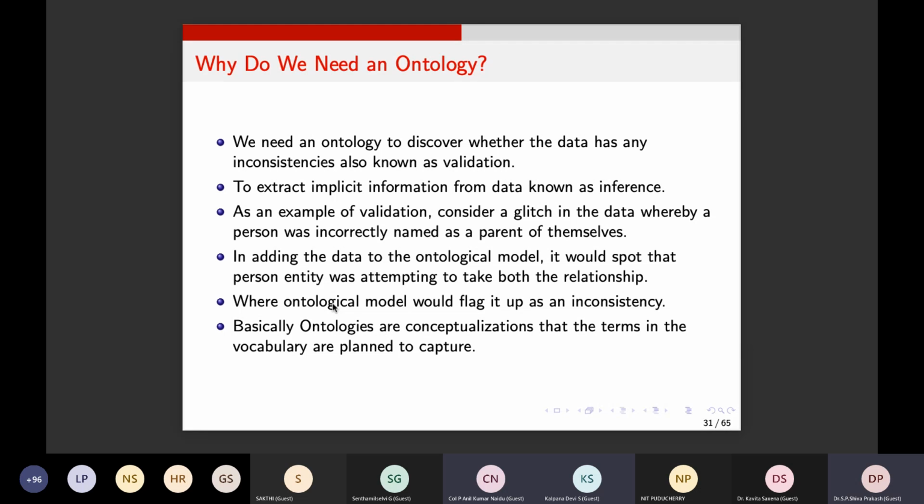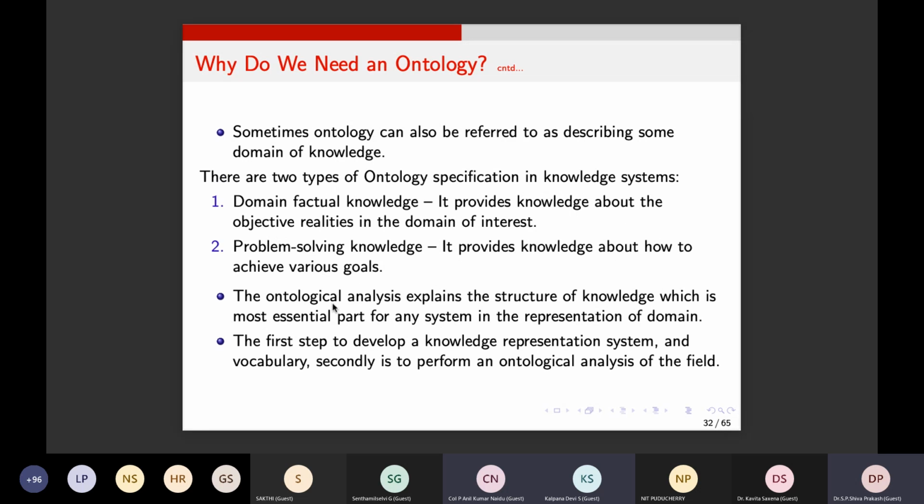So basically these ontologies are conceptualizations that the terms in the vocabulary are planned to capture. Okay, and also sometimes these ontologies can be referred to as describing some domain of knowledge. When we say domain of knowledge, there are two types of ontology specification in a knowledge system.